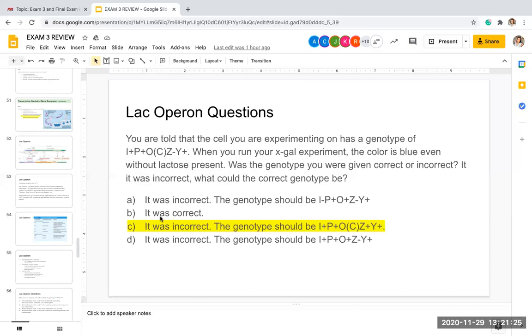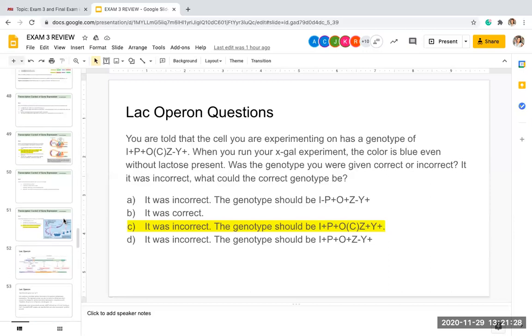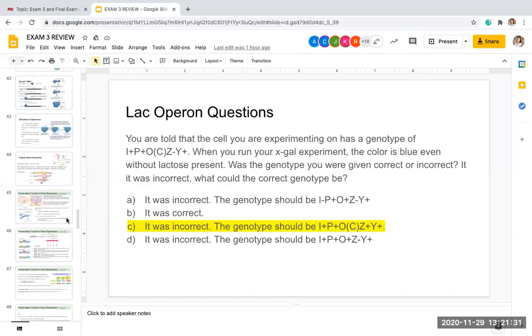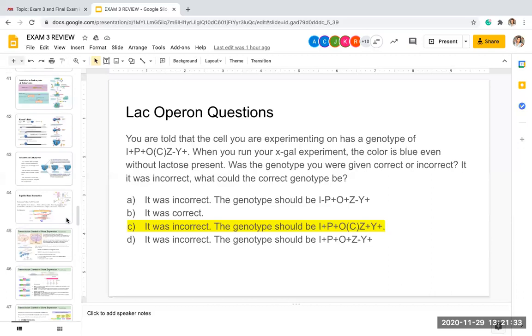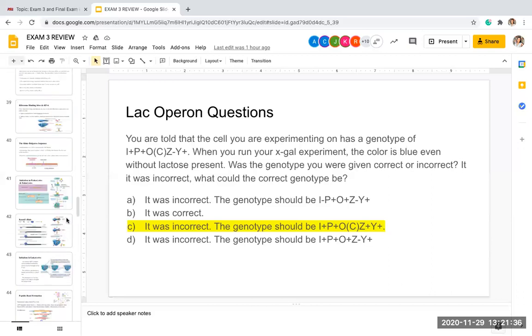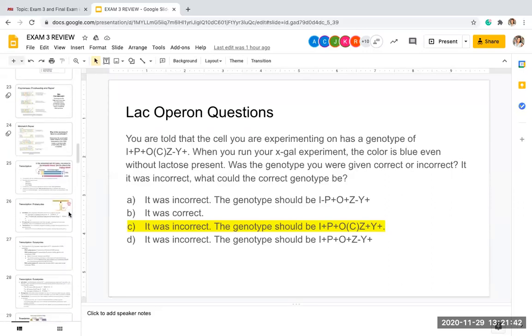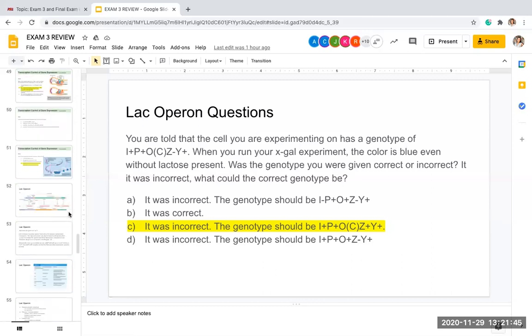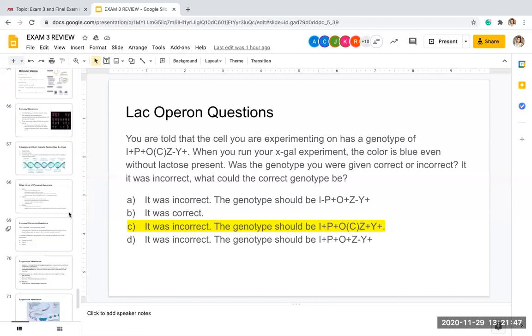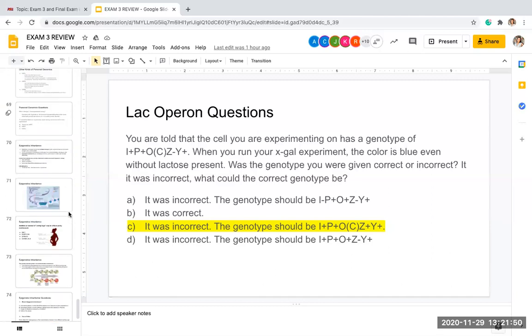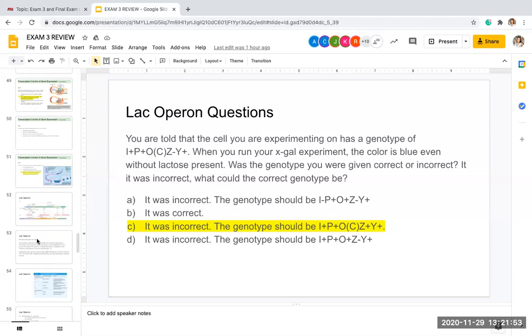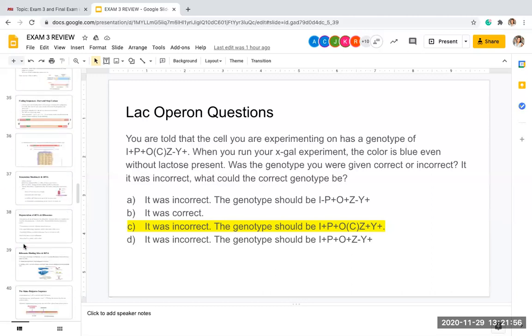So essentially, if your LAC-C is mutated, this means that your LAC-C is not going to be functioning correctly. So if it's not functioning correctly, it's not going to be transcribing beta-galactosidase.